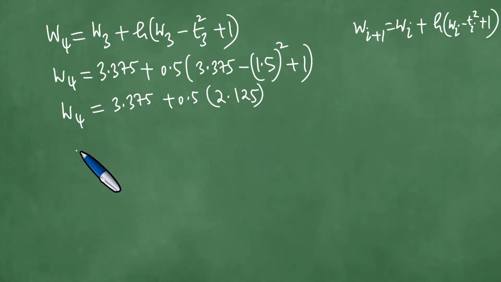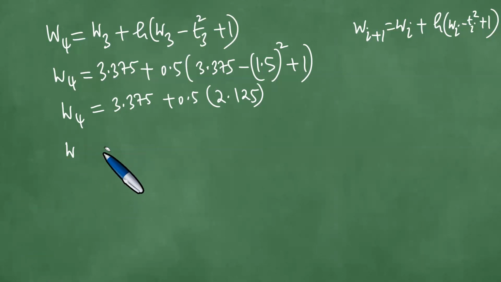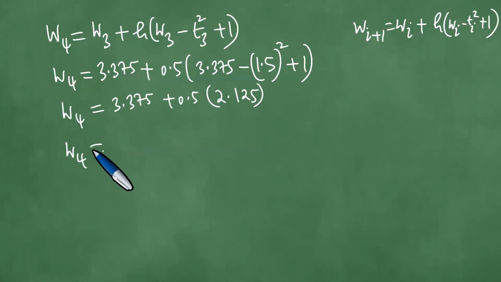And then what is this? Well, it means that W4 is the same as, if you add everything, 4.4375. Okay, so we got W4 right now.